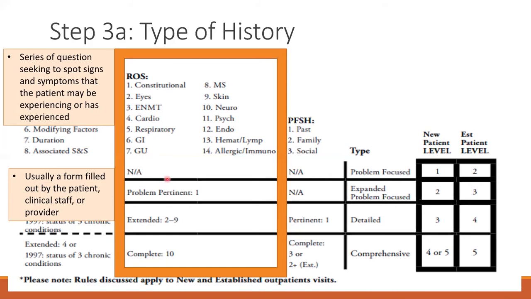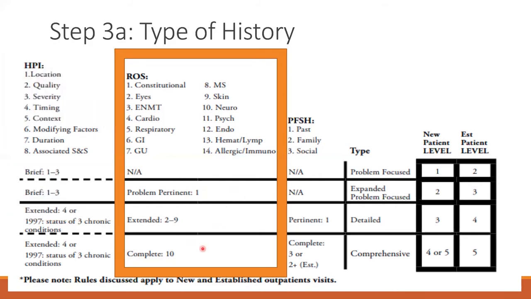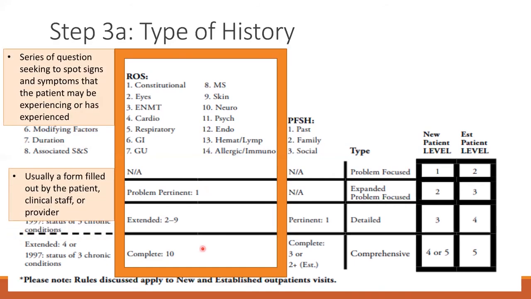Review of systems can either be not there, problem pertinent, having 1 bullet, extended, which is between 2 and 9 bulleted, or complete, which is 10 or greater. Now, this is often described as symptom not present or denied or negative. These are your problem pertinent or negatively pertinent associated signs and symptoms associated with the condition that you're describing.